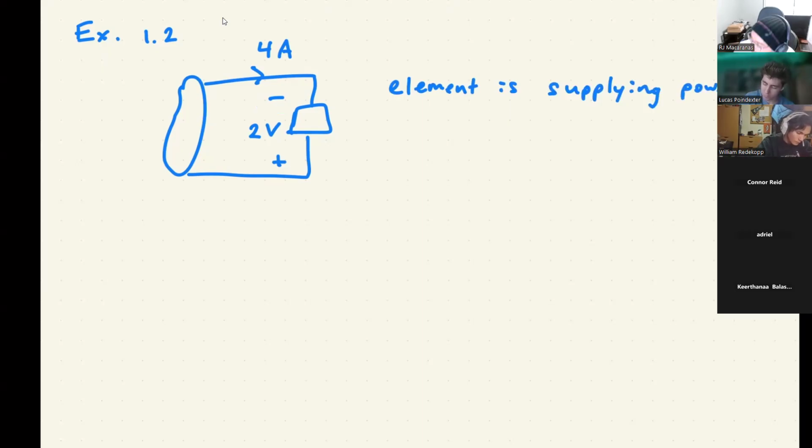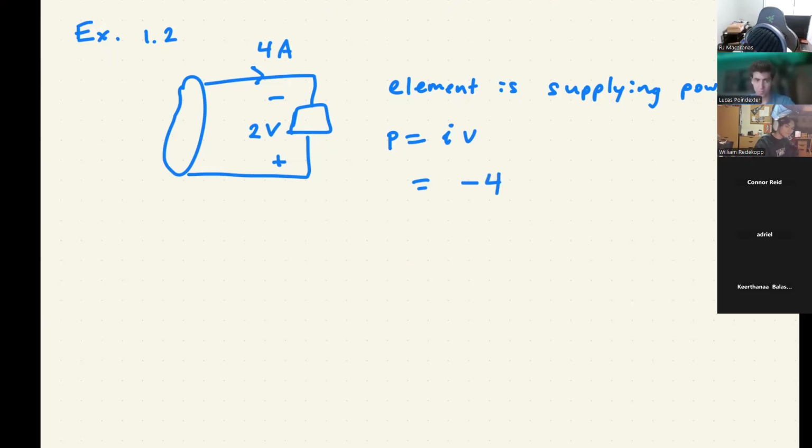And another way to do that, using what we had just learned and the whole idea of the passive sign convention, is to solve for the power. This is always I times V. By the passive sign convention, since this current is going into the negative, the lower potential, the current is actually negative.